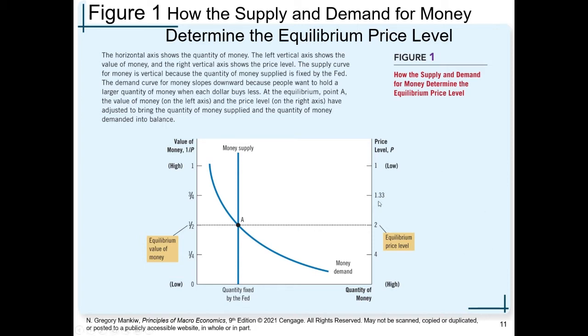On the right-hand y-axis, we have the price level. Economists are a little bit tricky, and we like to keep our money demand negatively sloped, right? So we have an increasing price level, but in descending order. As you go lower, the price level increases. As you can see here, we start at 1 at the top, and then as we move down, we go 2 and then 4. This also makes sense.